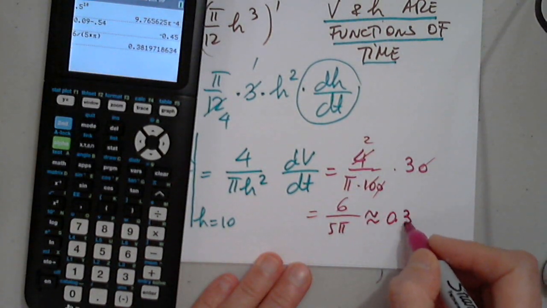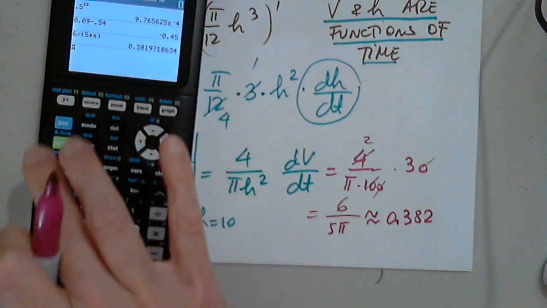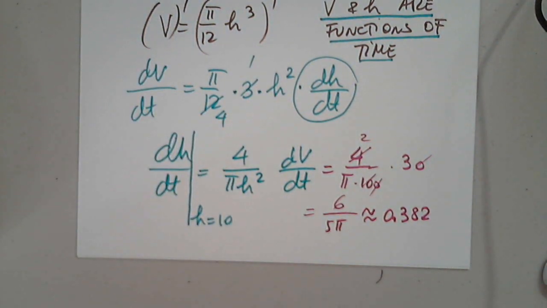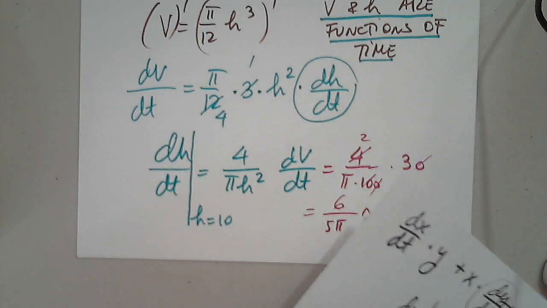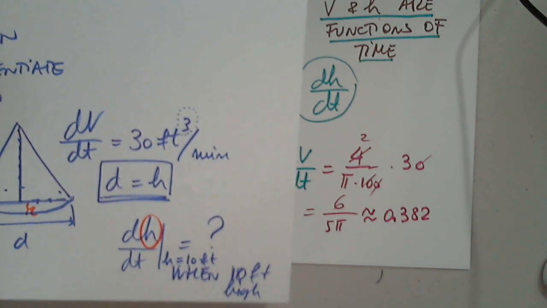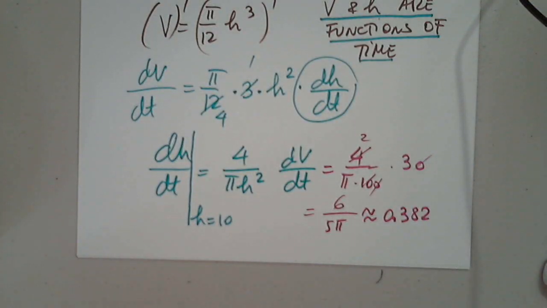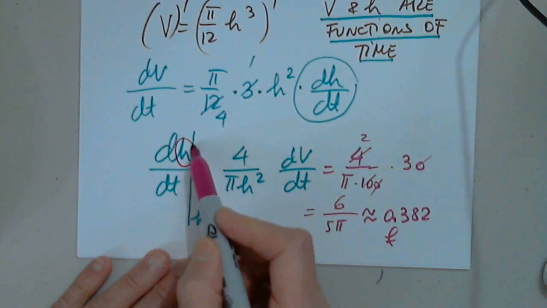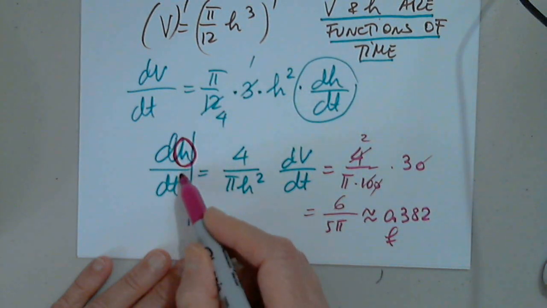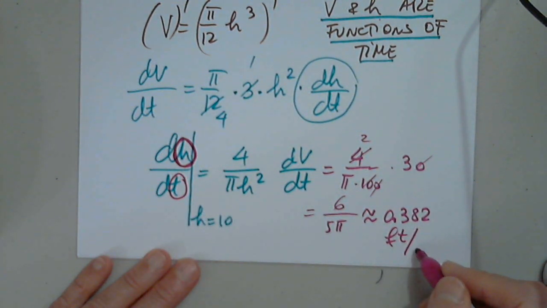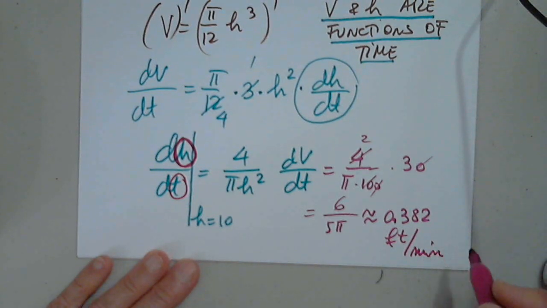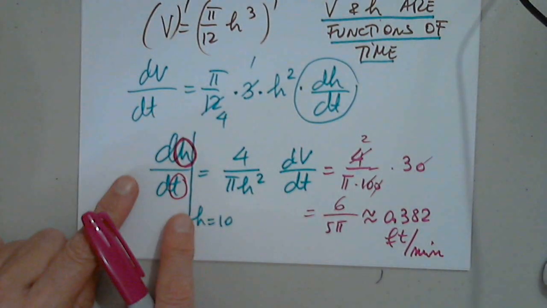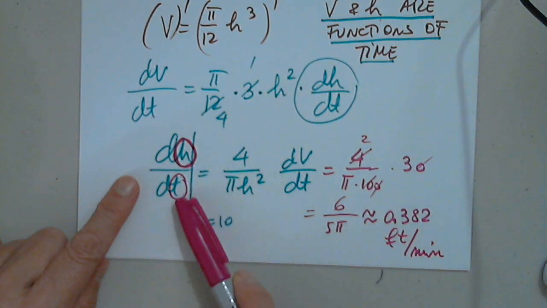Approximately 0.382 measurement unit. That would be feet per minute. Yes, it was minute, but yes, that's perfect. Please remember, you have to look here. Feet per minute.